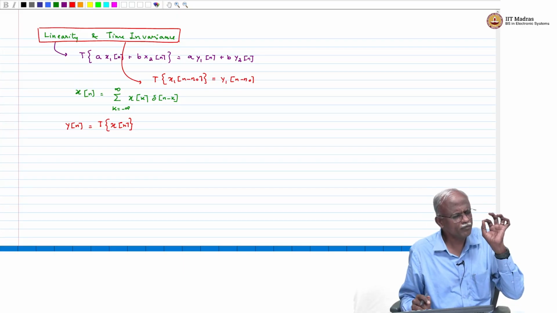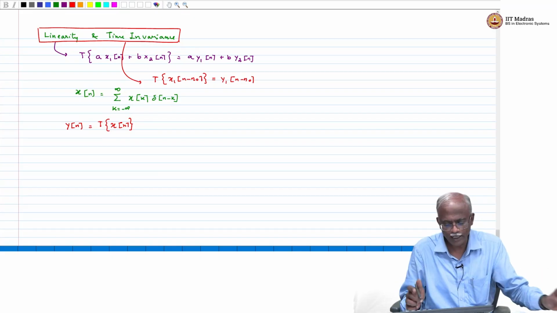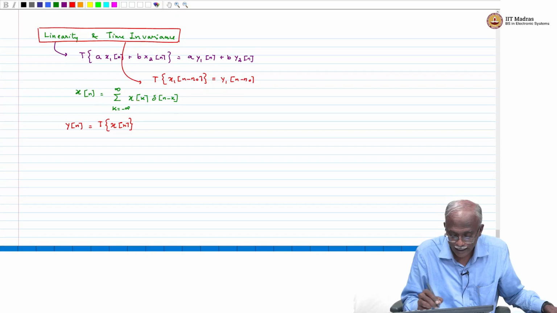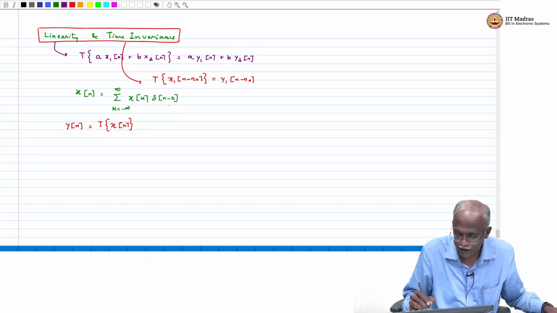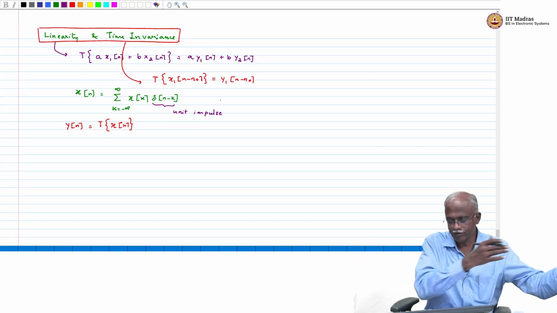Now, here comes a very important concept. I want you to pay very careful attention. Now, look at the input. The input consists of delta, the unit impulse functions, which are shifted in time, from minus infinity to infinity.